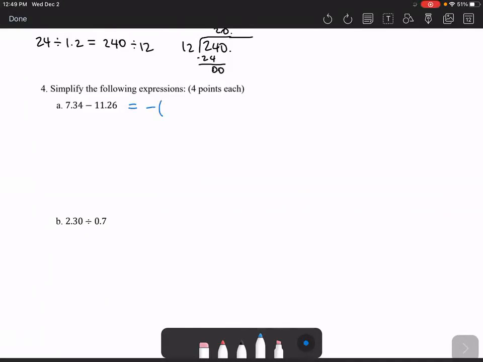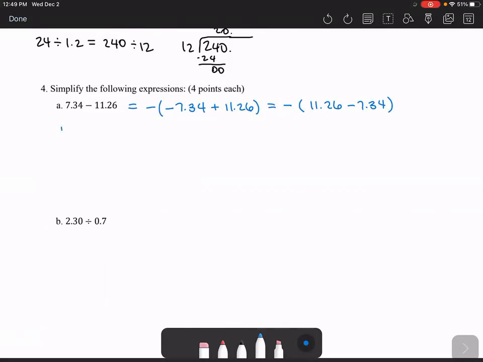So we have negative 7.34 plus 11.26. And if we rewrite this using the commutative property of addition, this is negative 11.26. We know that adding a negative number is the same thing as subtraction, minus 7.34. So we can rewrite it like this. And then this is an easier thing to do.